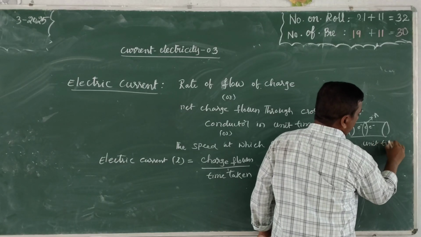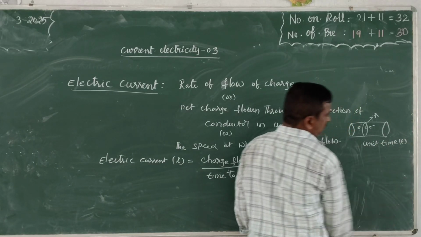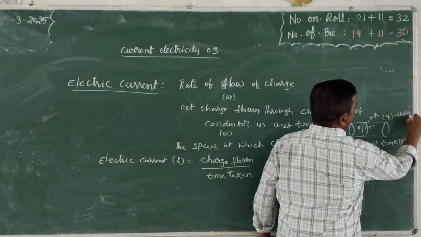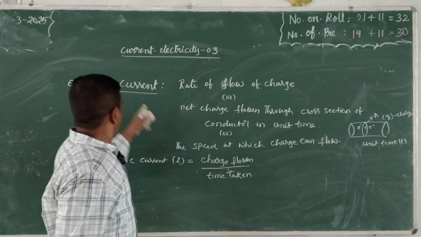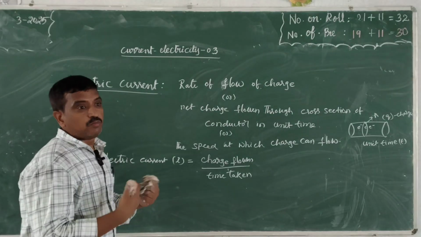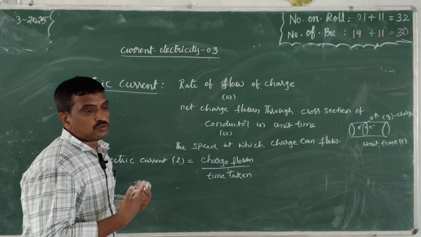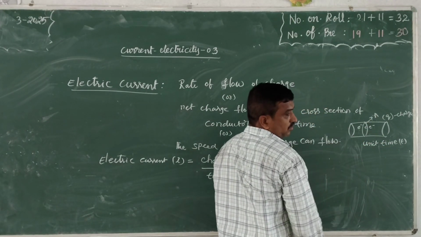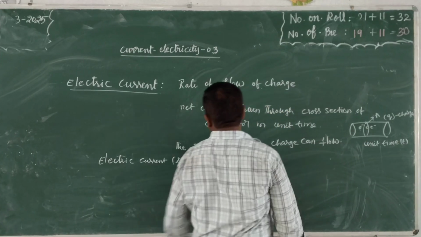Unit time means t time. How many charges pass? That we call it as electric current. Means total number of charges passing through cross section of a conductor in t time, that we call it as electric current.